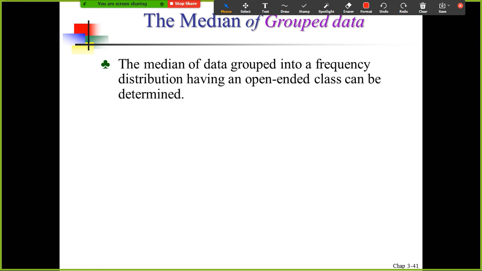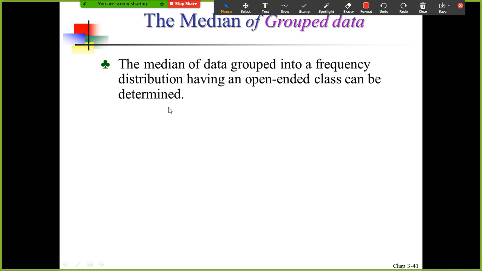The median of data grouped into a frequency distribution having an open-ended class can be determined. So it doesn't matter whether we have an open-ended class or closed class, we can find the median. It's similar to the median for ungrouped data.